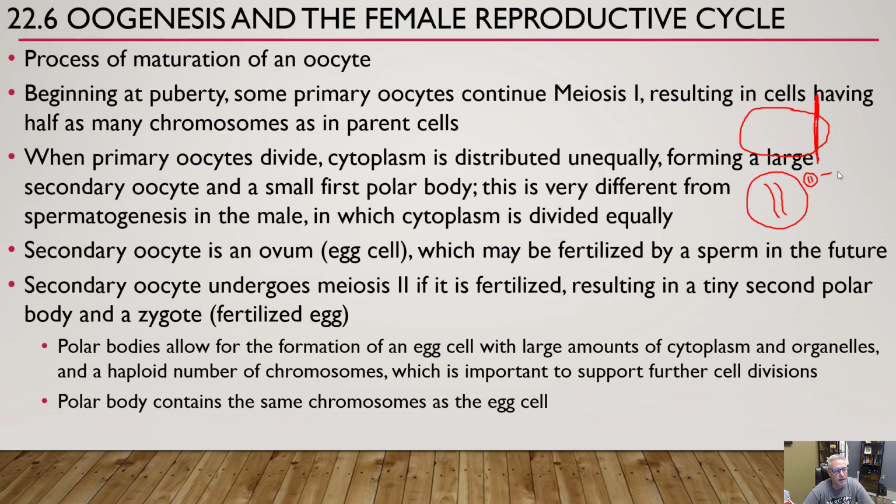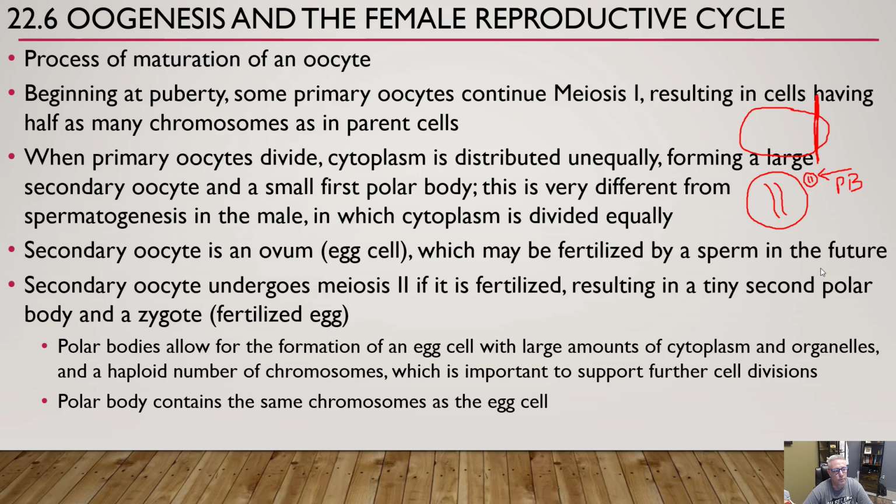This new cell is called a polar body. I'm just going to abbreviate it, polar body. All right, so we have that, and we have the secondary oocyte and a polar body.